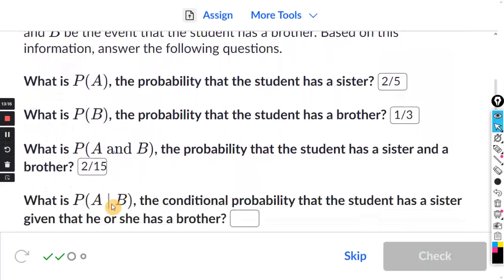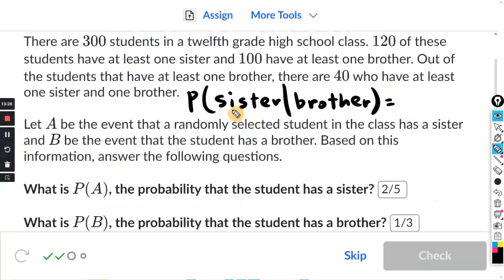And then finally, the probability of A given B, that the student has a sister, given that he or she has a brother. Now we have to limit ourselves to the ones that are given that they have a brother. It says, out of the students that have at least one brother, there are 40 who have at least one sister and one brother. So let's see.